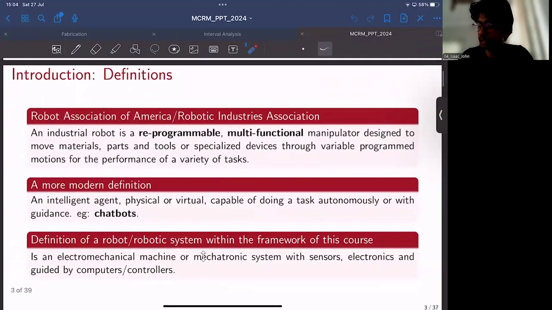Just quickly going through some of the key definitions that we have seen through the lectures of week 1. We'll start with the definition of robot itself. As per the Robot Association of America, an industrial robot is a reprogrammable, multifunctional manipulator designed to move materials, parts, tools, or specialized devices through variable programmed motions for the performance of a variety of tasks.